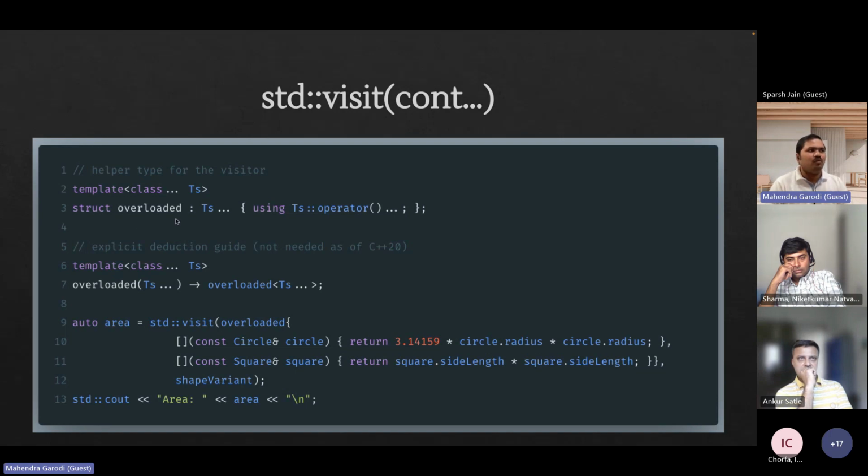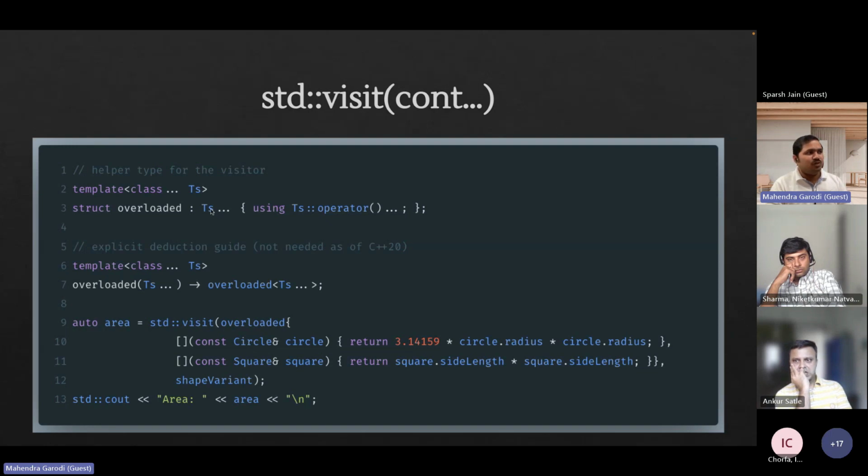If you see the definition of overloaded, whatever I am passing to this overloaded is basically a lambda, which is in turn a function object, which is nothing but a struct. So what I am saying is, inherit from it, and I can pass any number of arguments here because I'm using a fold expression, I think it's called.